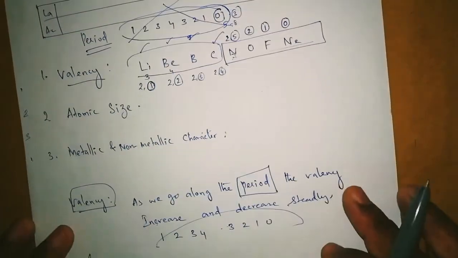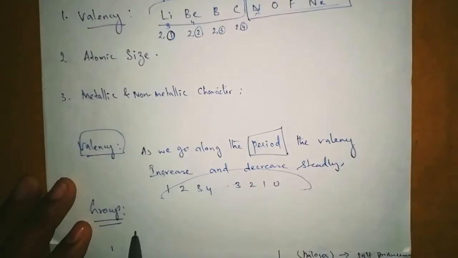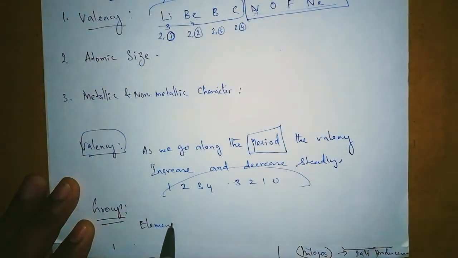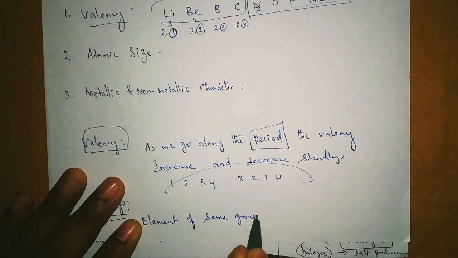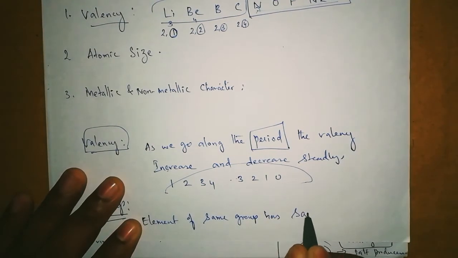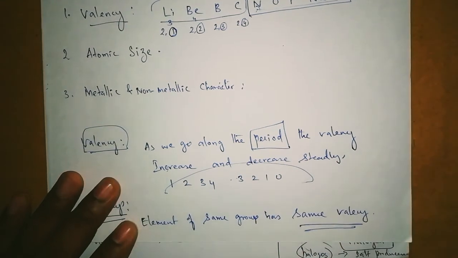So I can write it here: elements of the same group have the same valency. This is very, very important.